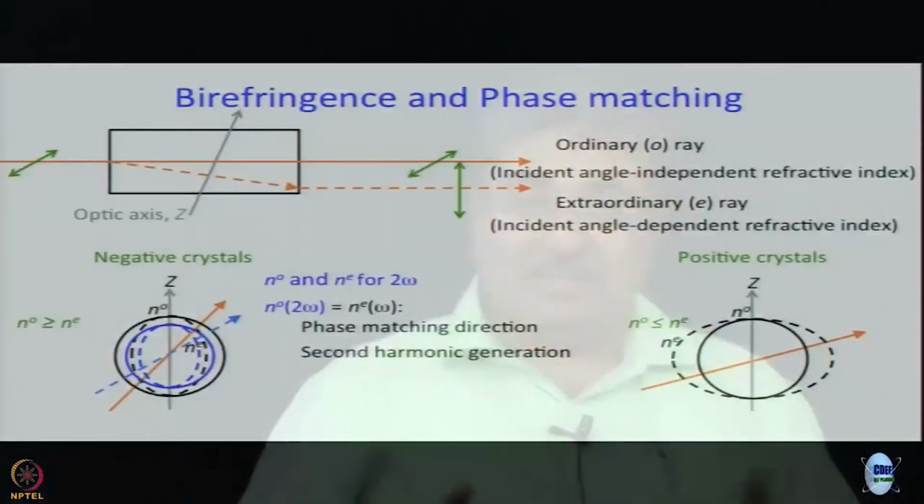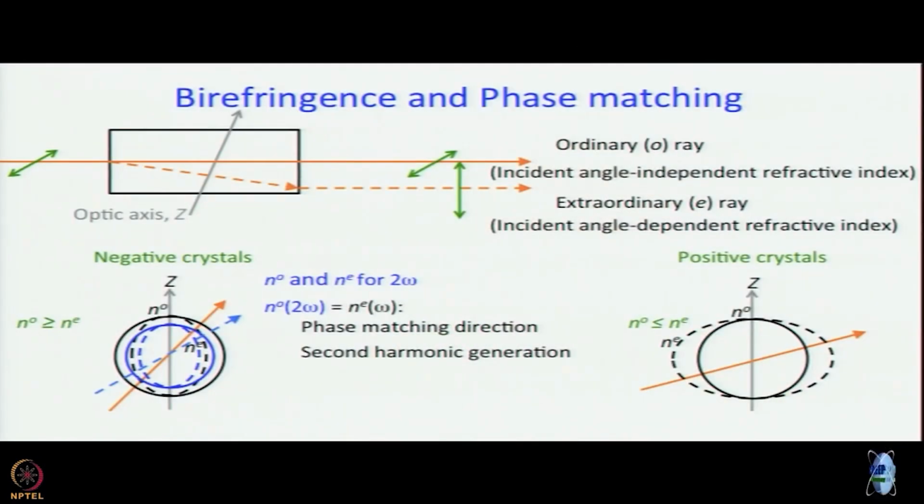See, phase matching condition has been achieved between what and what? Omega and 2 omega, I understand, but ordinary ray of omega and extraordinary ray of omega and ordinary ray of 2 omega. And as we have said already, O ray and E ray have perpendicular polarizations.